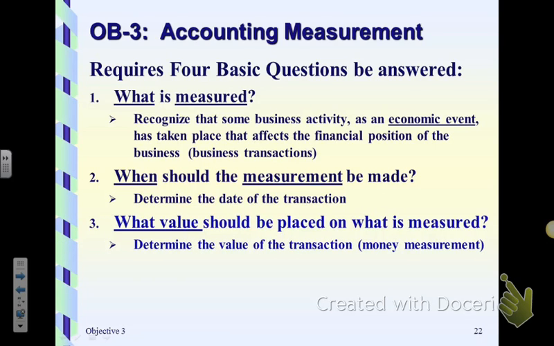Then we have to determine what value we should be placing upon it. In our world, we're mostly going to be dealing with monetary values, dollars and cents. But there are some businesses that do operate doing things such as barter. Let's say you had a business like Pizzagram, which obviously makes pizza.